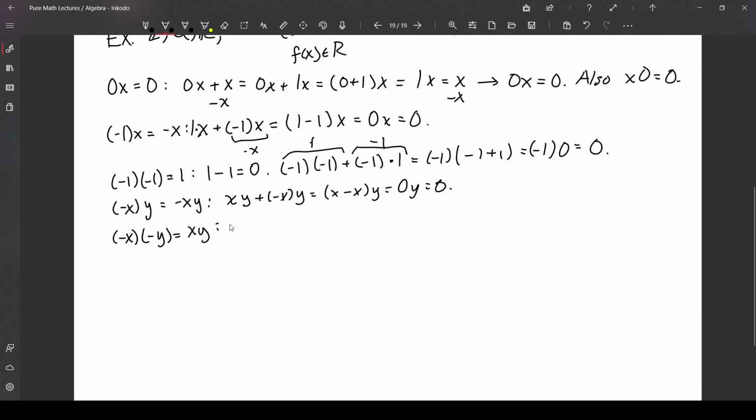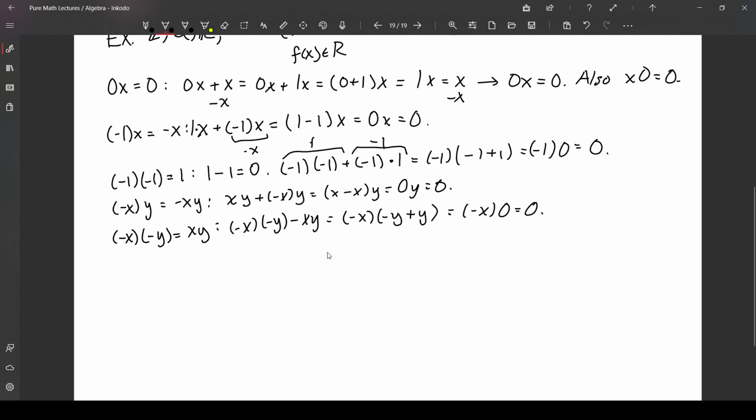And again, you show this in a very similar fashion. Take -x times -y minus xy, and we can factor out a -x, and we get -y plus y, and that's -x times 0, which is 0. So these are basic rules of arithmetic.